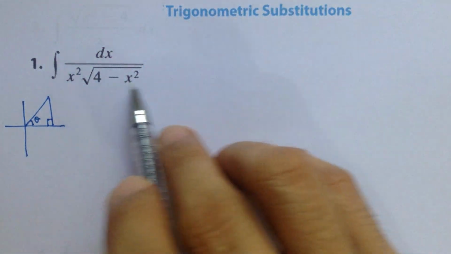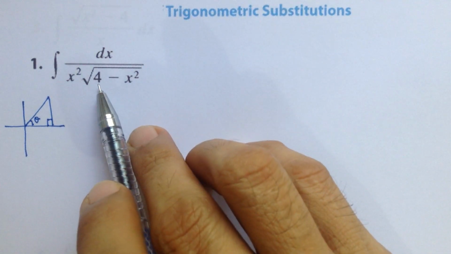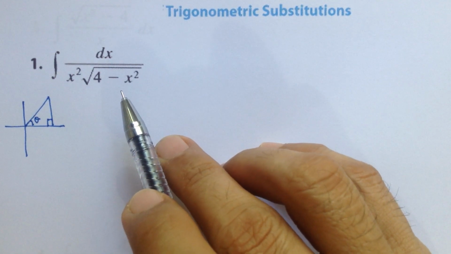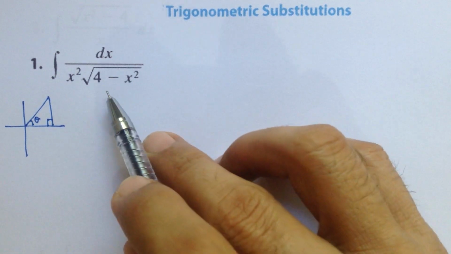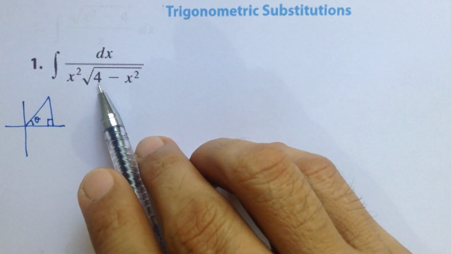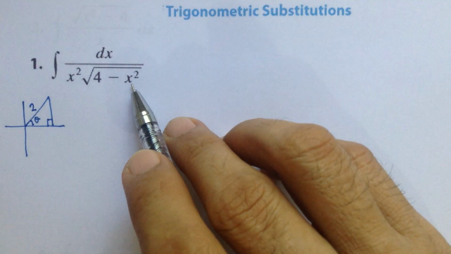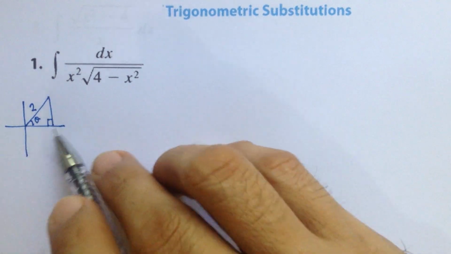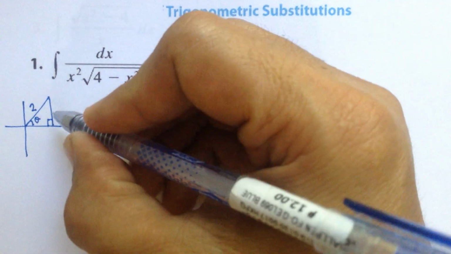Obviously, square root of 4 minus x squared is the result of using the Pythagorean theorem, where 4 here is the square of your hypotenuse, meaning your hypotenuse is 2, and this is either this leg or this leg of the right triangle.